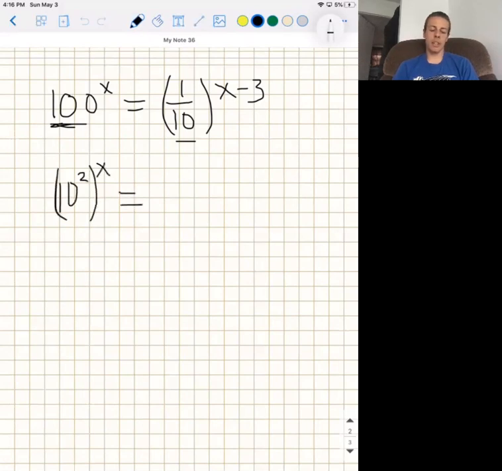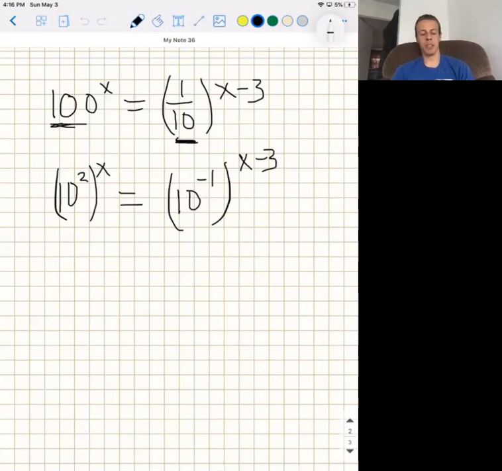And over here, 1/10 is the same thing as 10 to the negative 1. Okay. And then we still have to the x minus 3. Now you see how they both have a base of 10 in common. That's a little nicer for us. That can do some things.